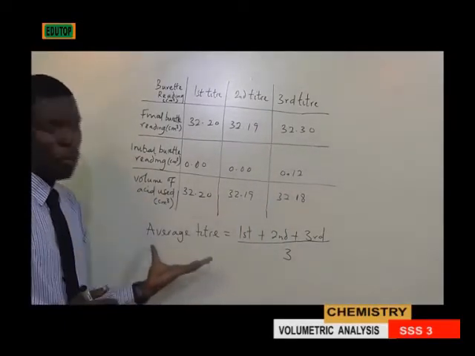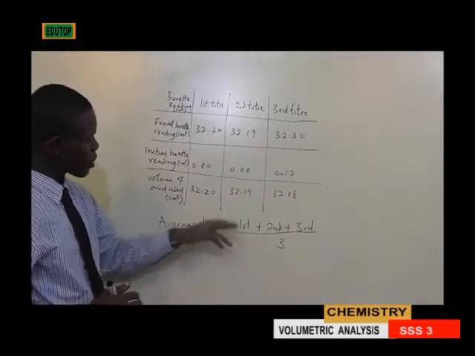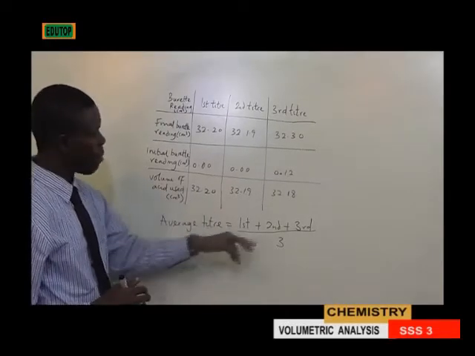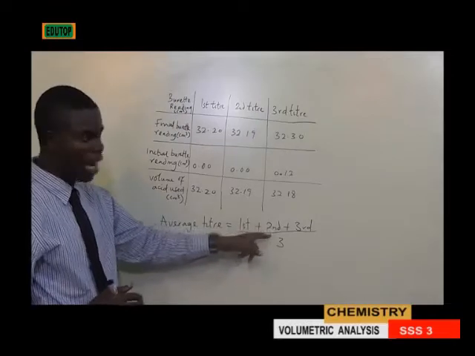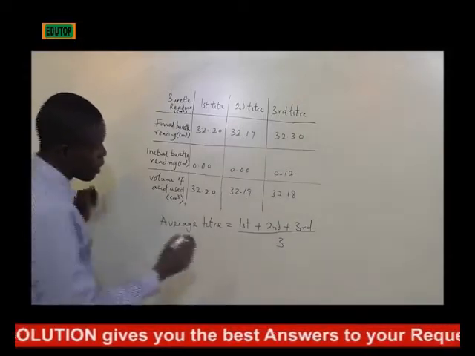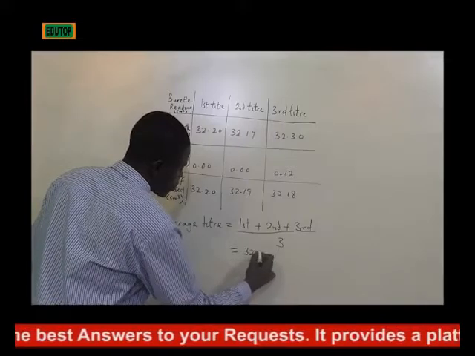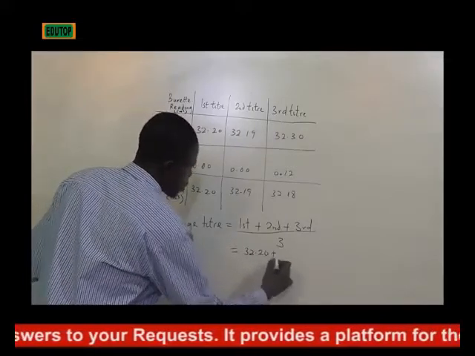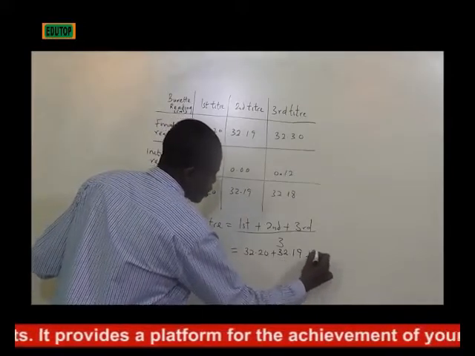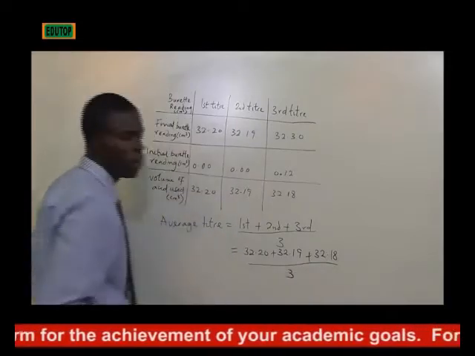Now we are to look for the average titer. The average titer is the addition of the volume of acid used in the first titer, plus the second titer, plus the third titer, written as 32.20 plus 32.19 plus 32.18, divided by 3.